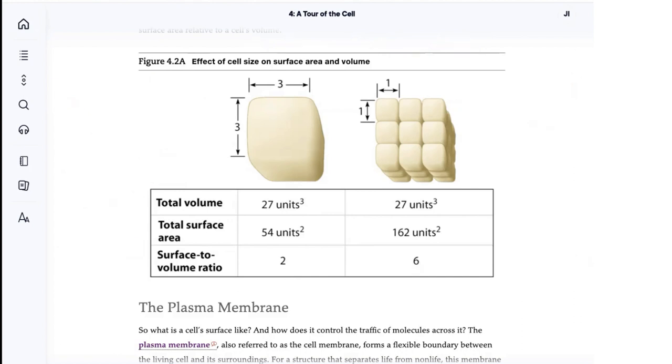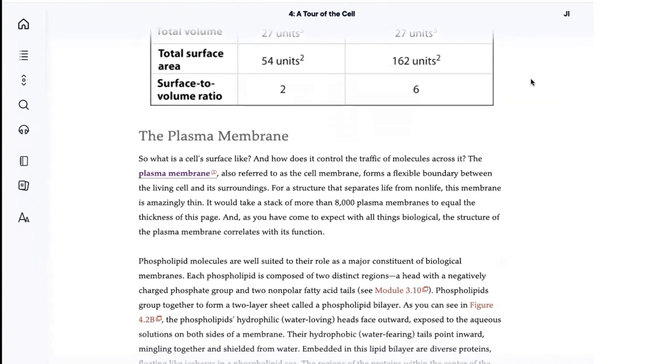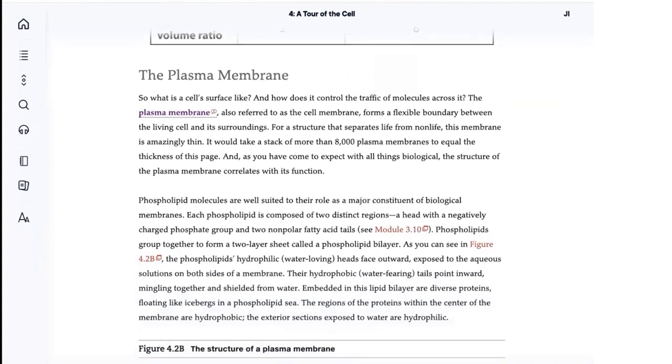So let's clear these drawings and move on to something else. Now, the next obvious question is, well, why? Why is surface area to volume ratio important?